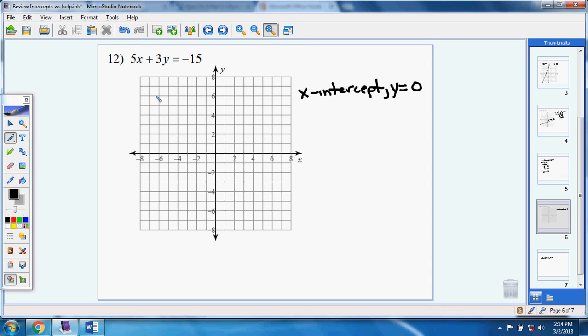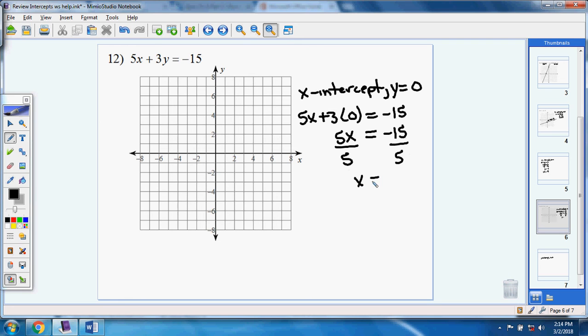All right, so to find x again, I have 5x plus 3 times the 0, because again, x-intercept, y is 0. That's going to be equal to negative 15. So I have 5x is equal to negative 15. So I do have to divide on this one.